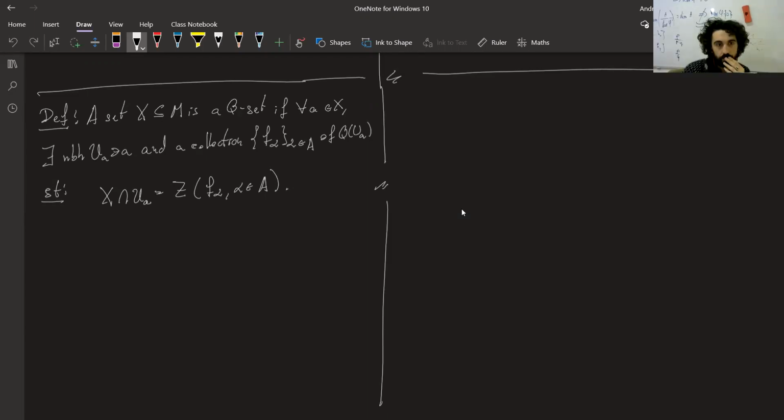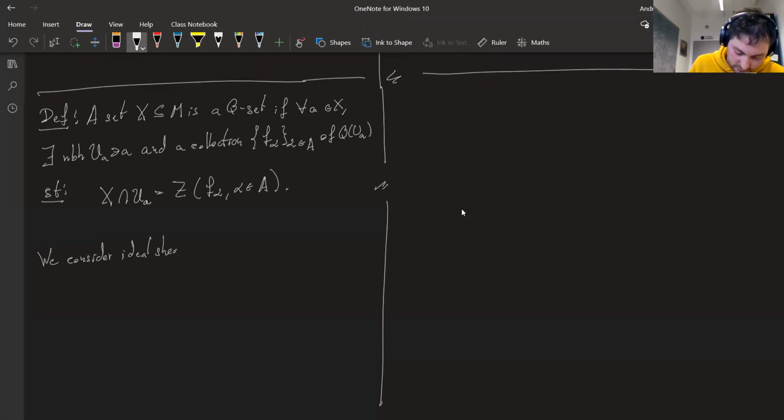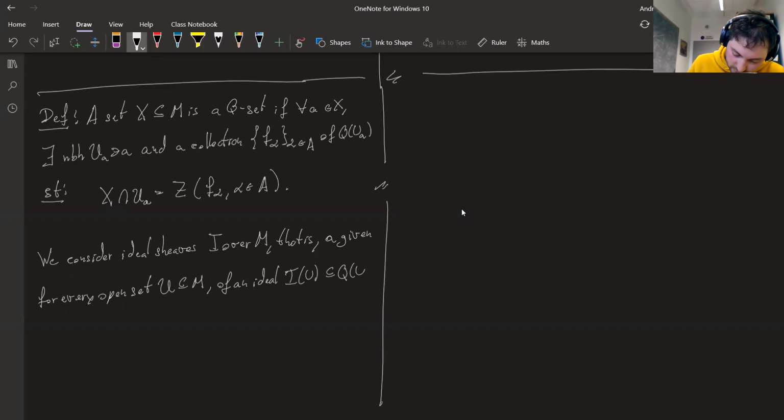So we consider from now on ideal sheaves I over M, that is, a given, for every open set U of M, an ideal I(U) of Q(U).